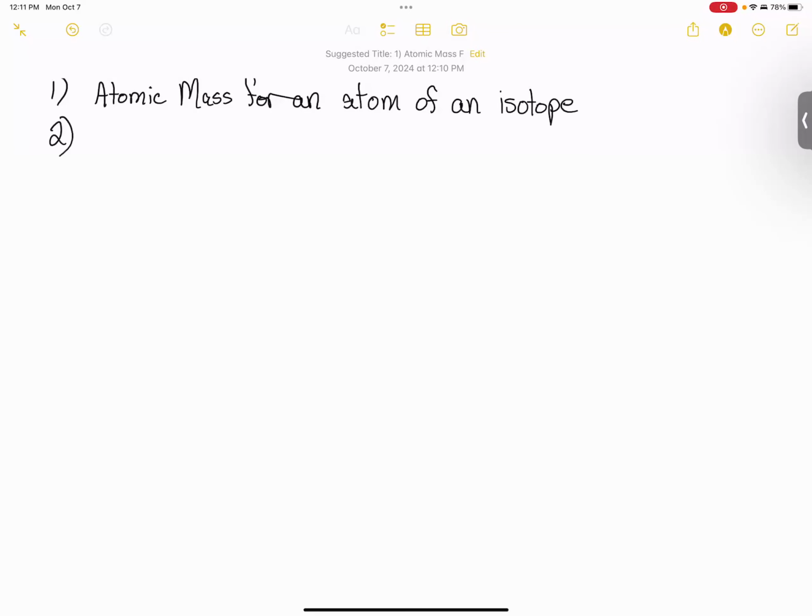The second thing we will do is determine the average atomic mass of an element.